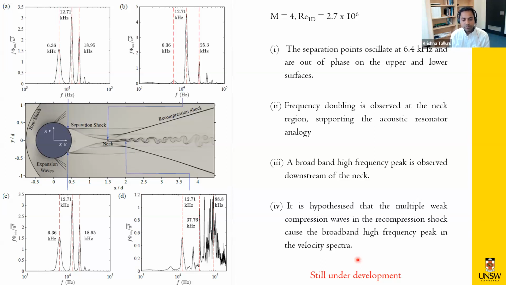So we're going to do some experiments in that wind tunnel and also some experiments in our supersonic tunnel here. Although their Mach numbers are not matched, we believe we can understand a little bit more about the effect of free stream turbulence and how it affects the wake oscillations.